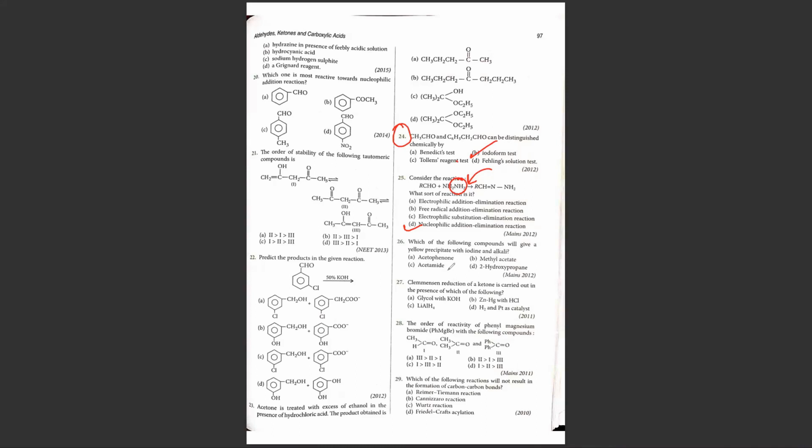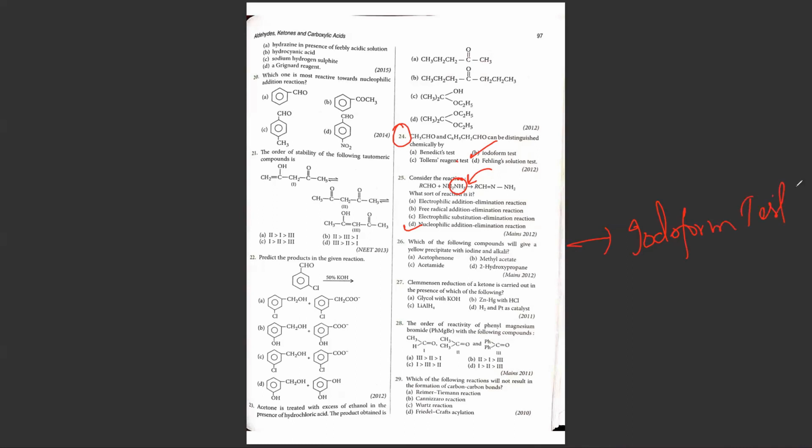Whenever you have a ketone group or an aldehyde group, so here, a yellow precipitate with iodine and alkali means it is an iodoform test.